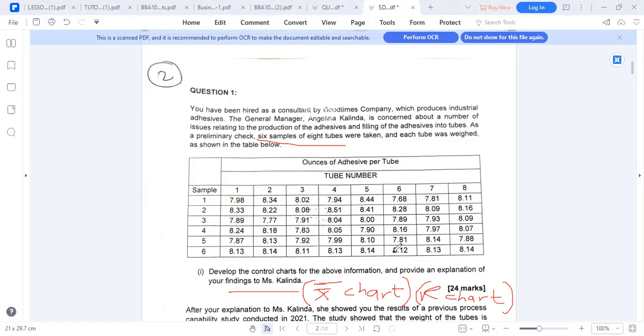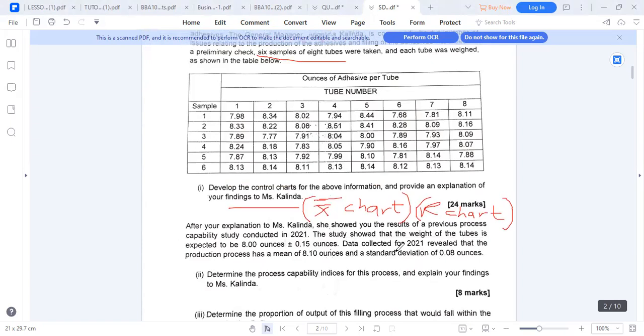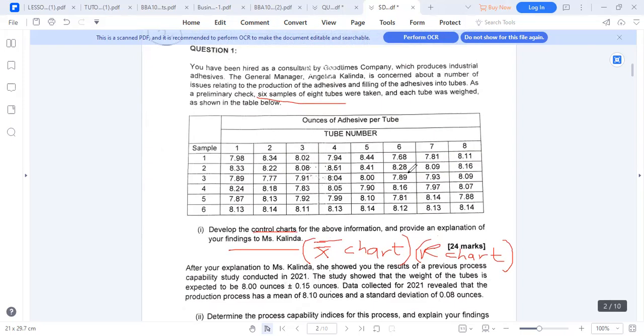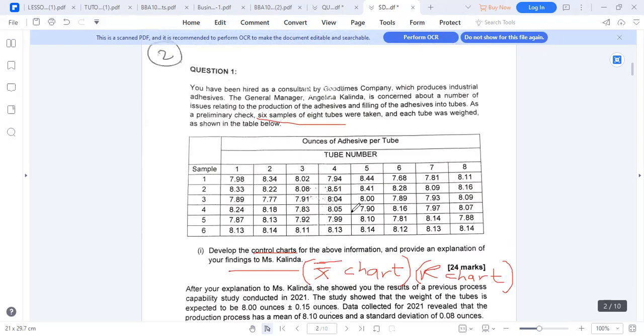Okay, so getting down to the solution, before getting down to the specifications, because the specifications are another topic altogether. But since we're on the control charts, let us see what goes on. Under the solution, we have to find an explanation of whether the process is in control or out of control.